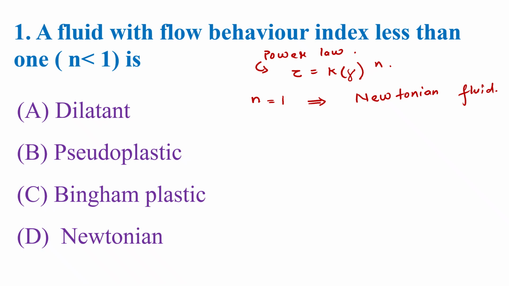If n is less than 1, it will be pseudoplastic, or we can say shear thinning.